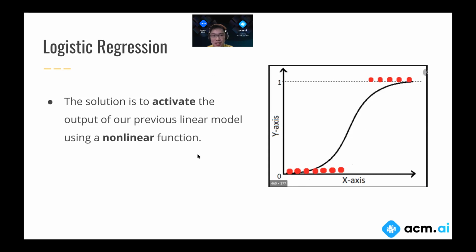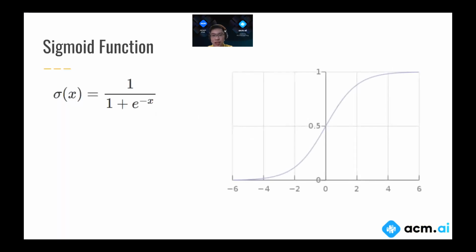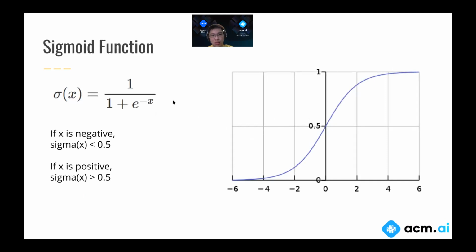All right, so there are actually a number of different kinds of activation functions available. For our workshop, we're going to be using the sigmoid function because its range is between 0 and 1. That is really convenient because we're doing binary classification.